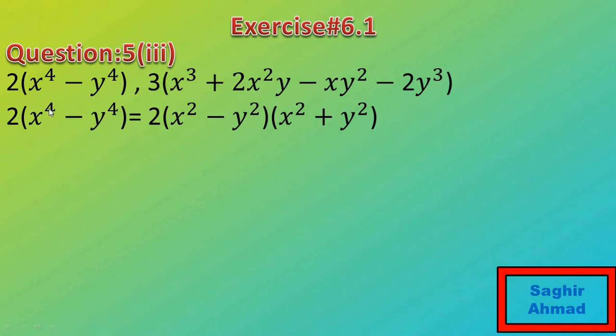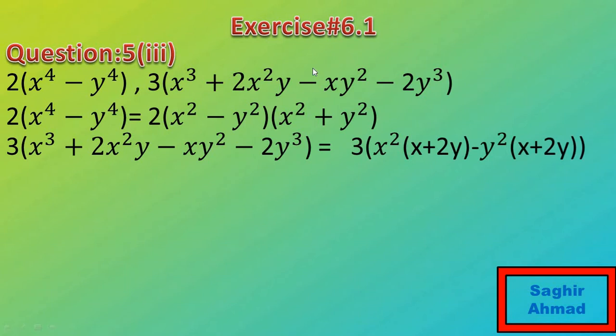So first of all, to find the LCM, we factorize each algebraic expression given here. Now we are solving the second algebraic expression, that is 3(x^3 + 2x^2y − xy^2 − 2y^3). From the first two terms you can take common x^2, and the remaining will be x + 2y, and from the last two terms we can take common minus y^2, and the remaining will be x + 2y.